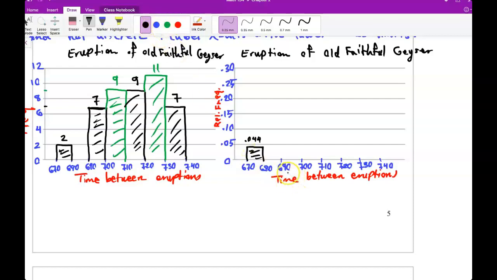And then here is 0.1556. So that is 0.15 or 15%. Then 20%.